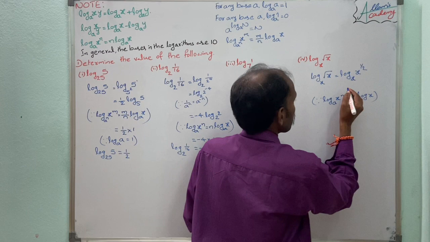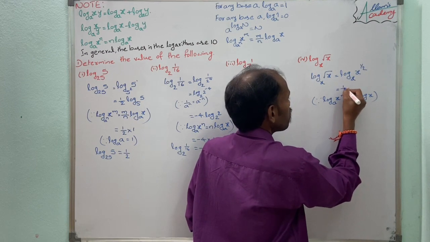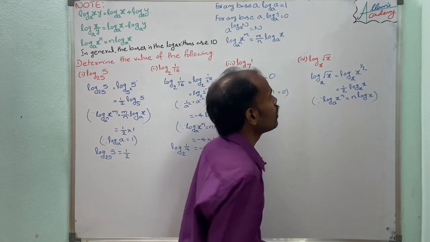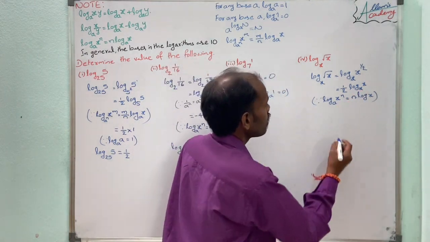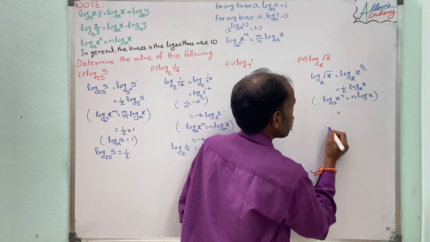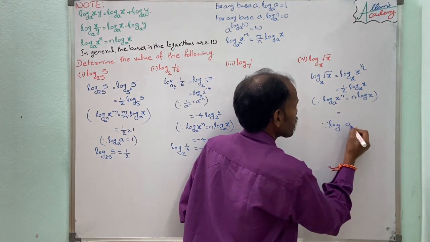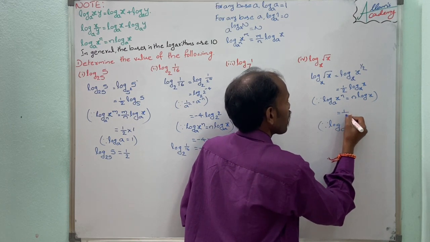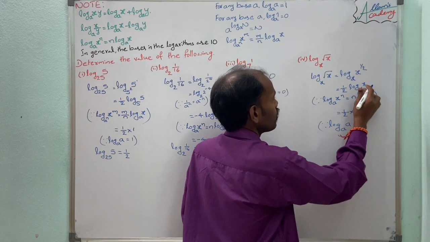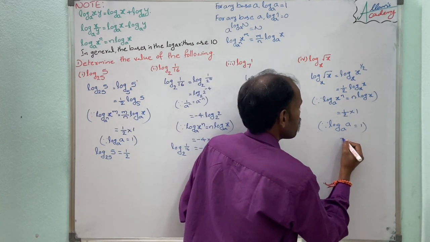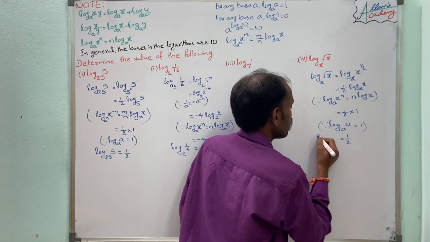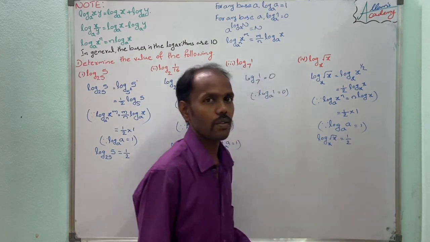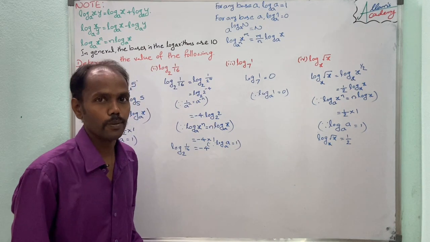By using that, now we will write 1 by 2 into log x base x. Now log x base x is in the form of log a base a, and log a base a equals 1. So now we conclude 1 by 2 into 1, which means 1 by 2. So log root x base x equals 1 by 2.